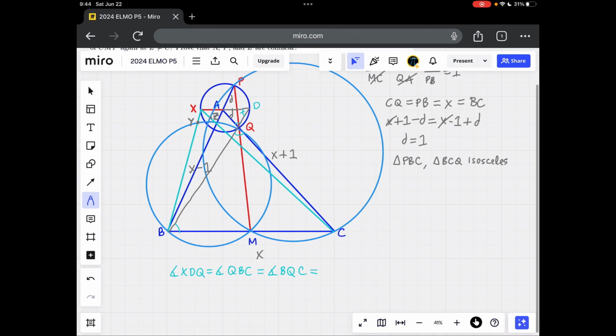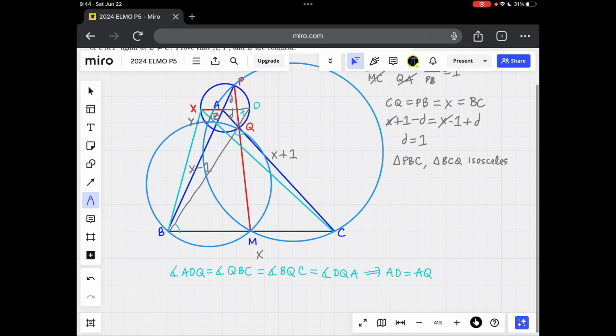And we know that that's obviously equal to angle DQA. So angle XDQ, which can also be written as angle ADQ, is equal to angle DQA, which gives that AD equals AQ. So if D is defined as the intersection of BQ and AX, then it does indeed lie on the circumcircle of XPQ.